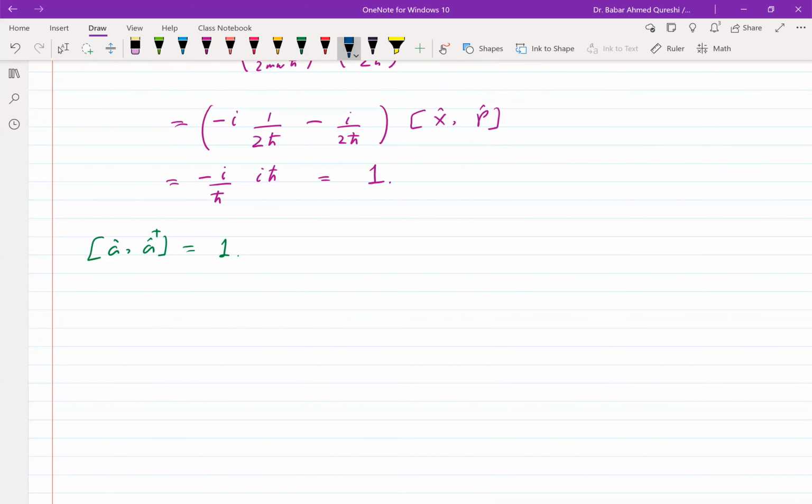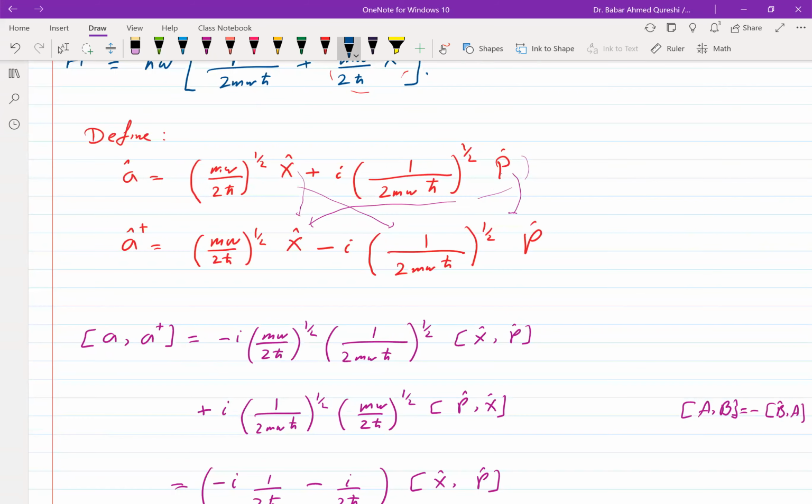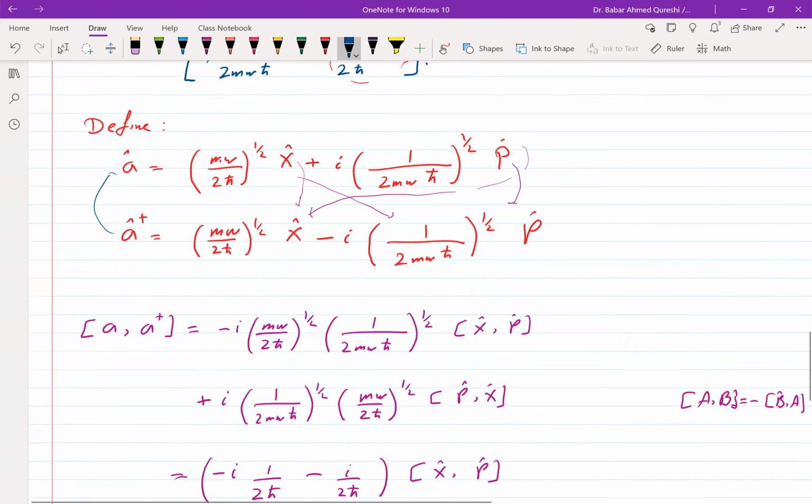Also, you can note that if I write this A dagger A, what am I going to get? A dagger A, this gets multiplied with this. I get x hat square m omega over 2 h bar.